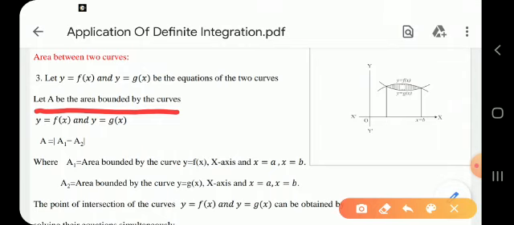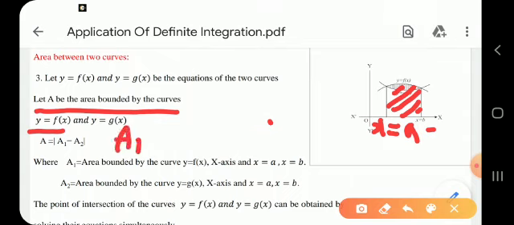Firstly we find the area bounded in between the curve y is equal to f of x, then the lines x is equal to a and x is equal to b, and the x axis, that is this complete portion. Firstly we find this area. Let us consider this area is A1.